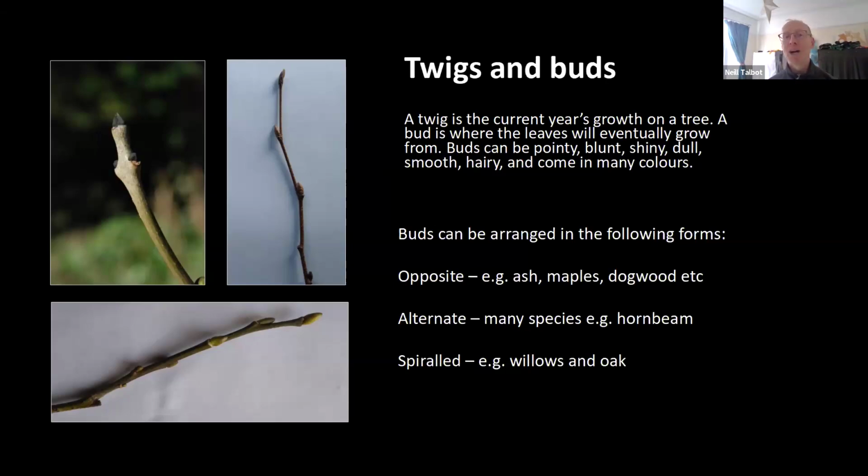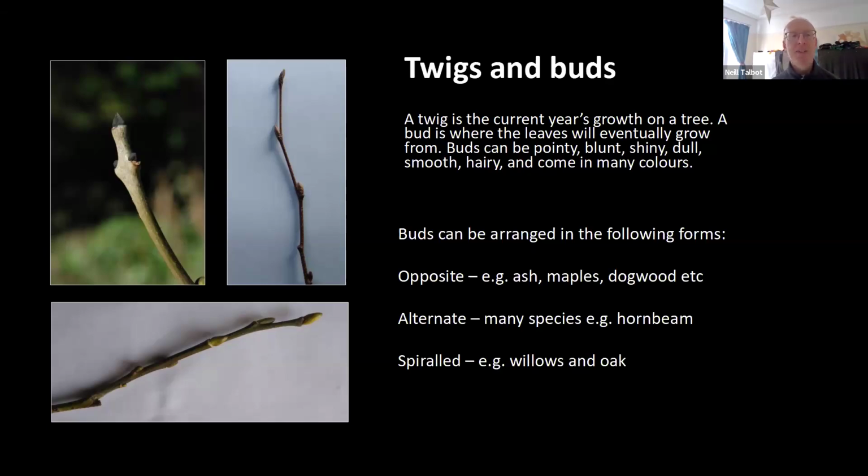Some of them might be more angled, some very rounded. Some will be hairy, some will be hairless, and so on. There's a lot of different types that you can get. These pictures here show a bit about the bud arrangements on the twigs.